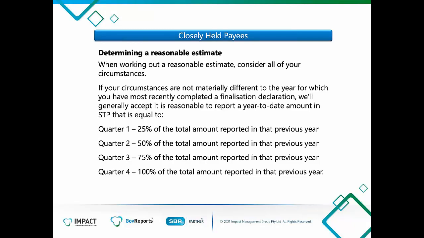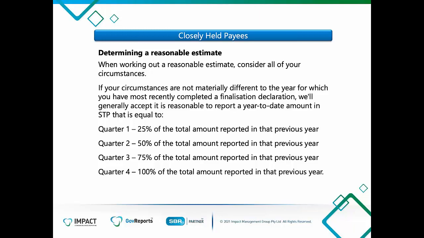So determining a reasonable estimate, you need to look at taking last year's. Certainly for this first year, it might be the most reasonable way to do it: you take last year's tax and divide it by 4.